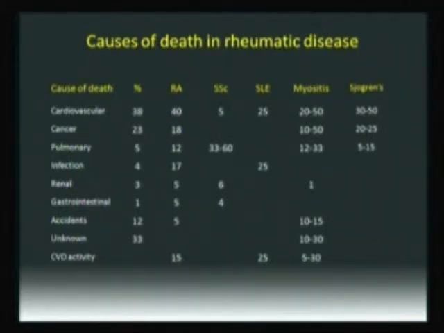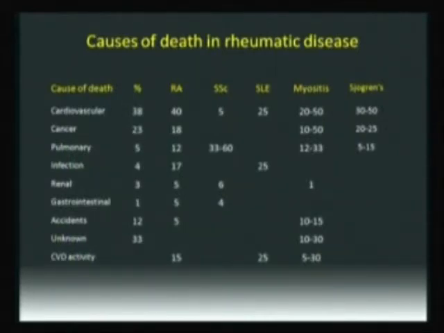In other words, lung involvement is the major cause of death for patients with scleroderma. But that's also true for myositis, that's true for Sjögren. So we need to be aware that pulmonary involvement is a major cause of death in patients with rheumatic disease.